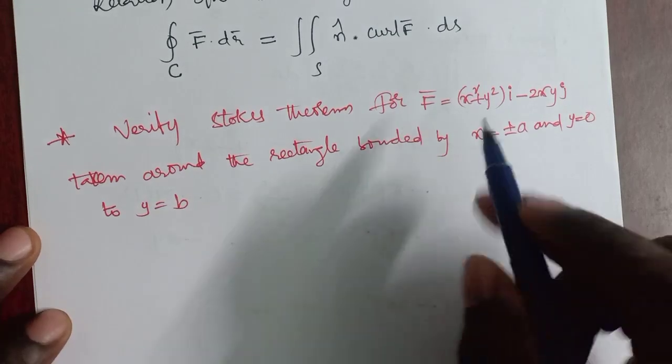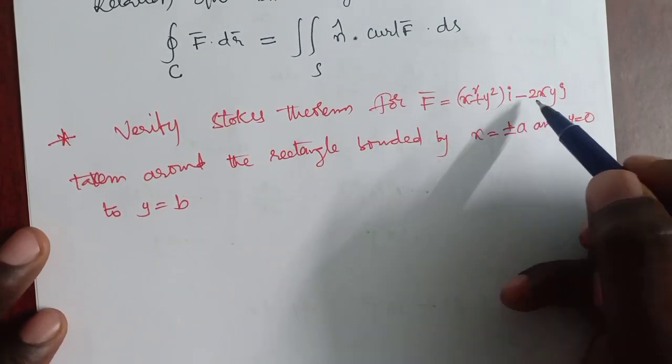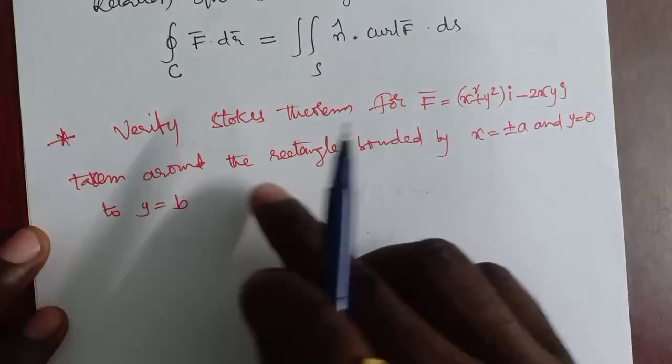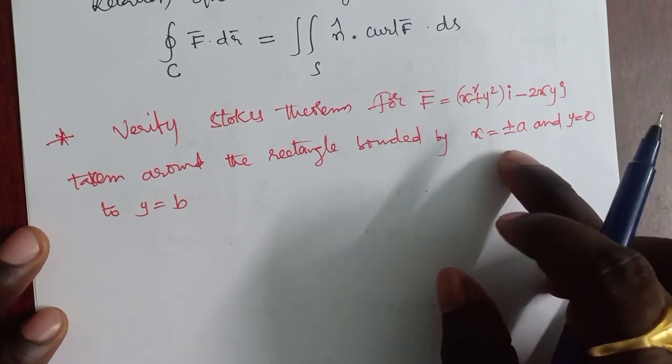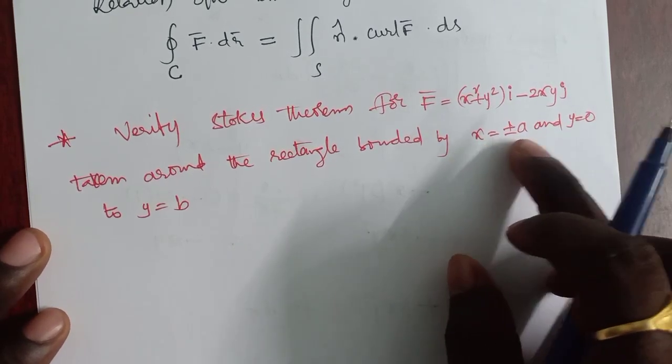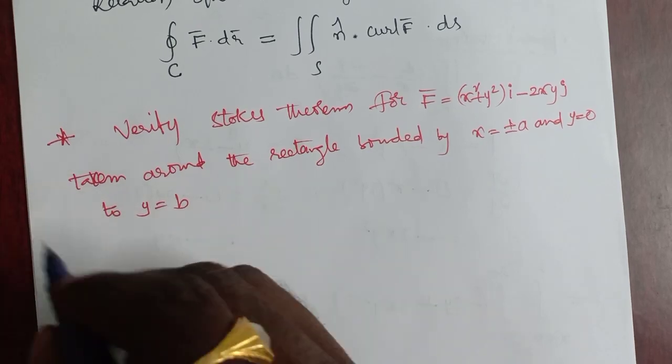For the Stokes theorem, f bar is given as (x square plus y square) i minus 2xy j, taken around the closed curve represented by x equal to plus or minus a and y equal to 0 to y equal to b.